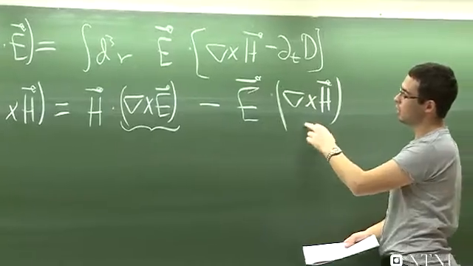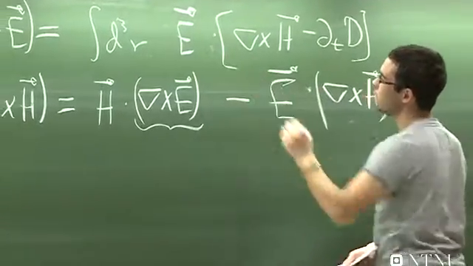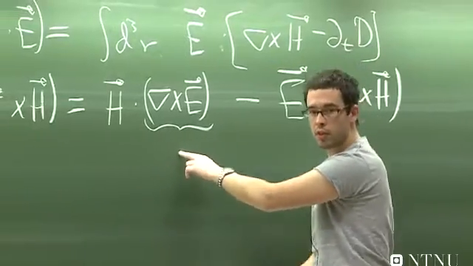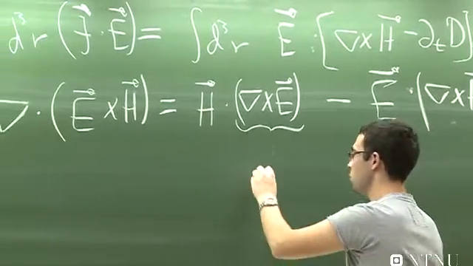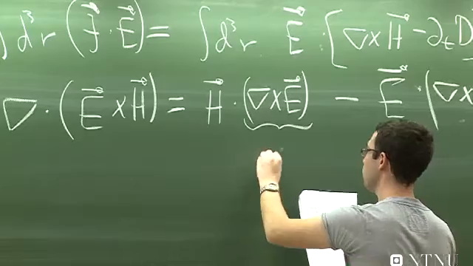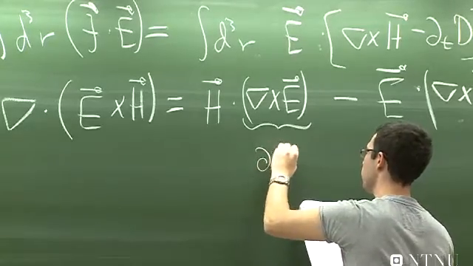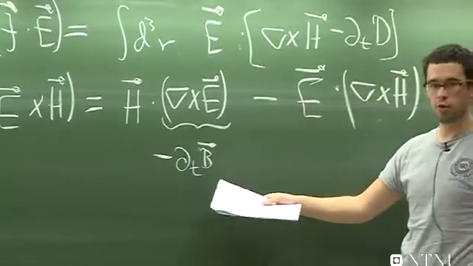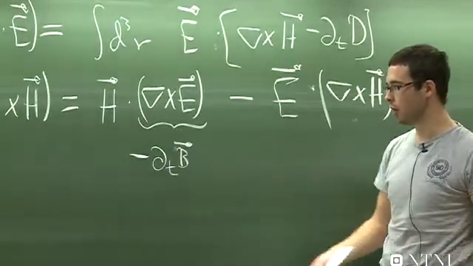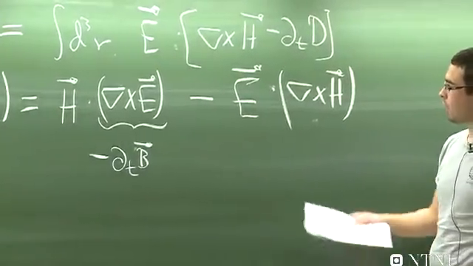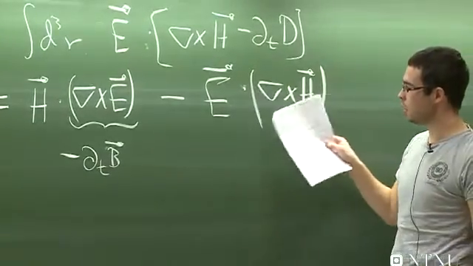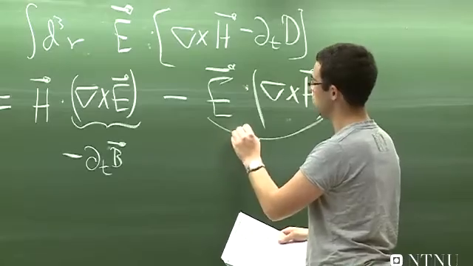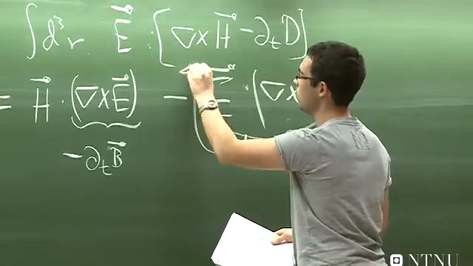And this is exactly the term I have up here, meaning I can insert this into here. And notice here that this is just a time derivative of the magnetic field. This is simply Faraday's law. Now I can rearrange all this and insert this term up here.